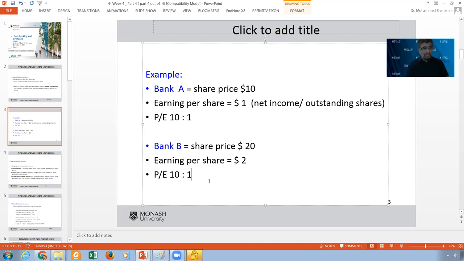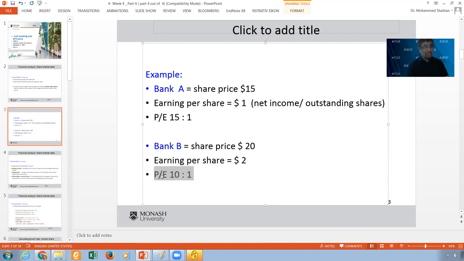If suddenly in the second year, Bank A is still earning 1 per share, and Bank B is still earning 2 for the price of 20, but the price of Bank A suddenly goes to 15. Now the PE in the second year is 15 to 1, while the other is still 10 to 1.